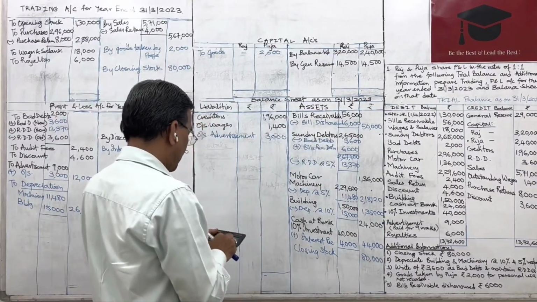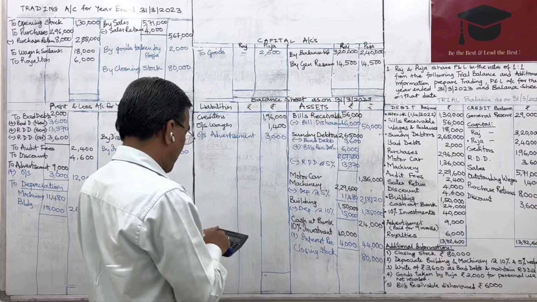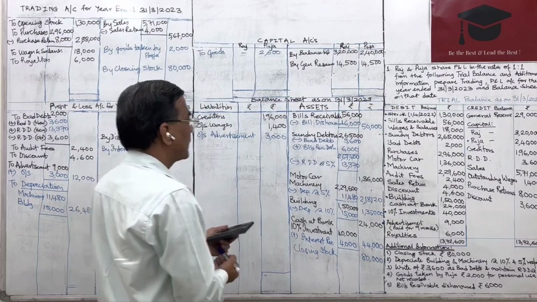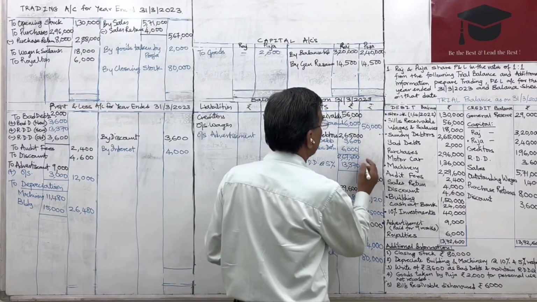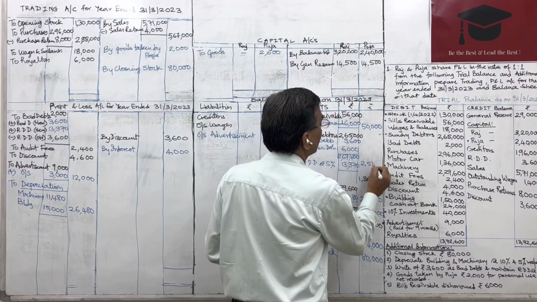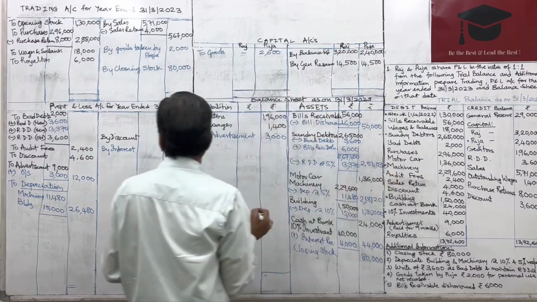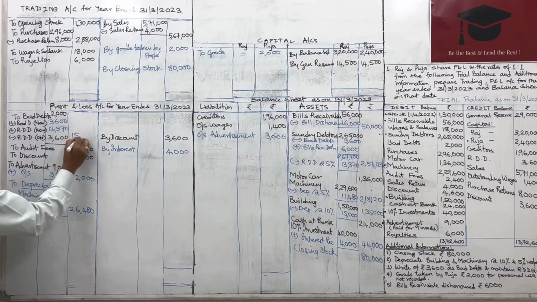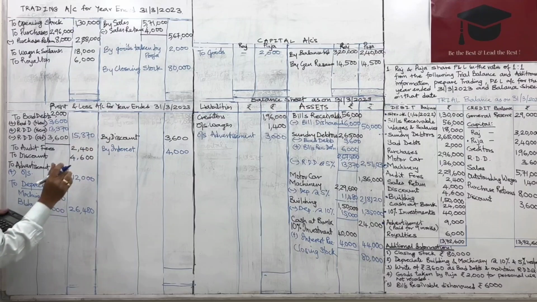Debtors 2,67,400 less 13,370. That makes it 2,54,030. And here the total of the bad debts comes to 15,370. That's done with.